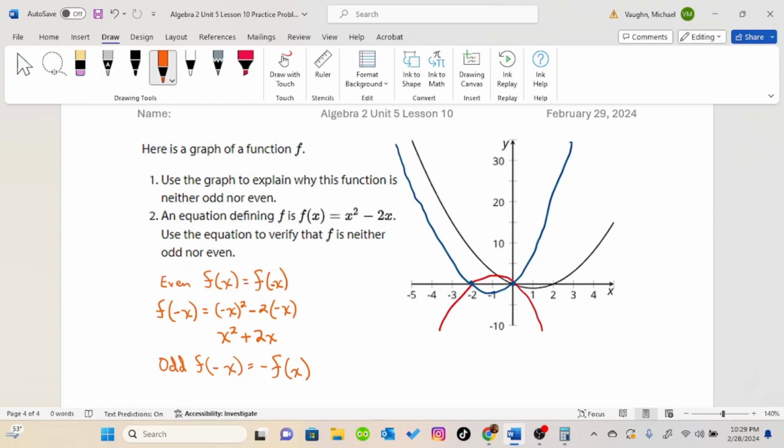But that doesn't happen either, because we still have x squared. This part is not opposite. So it's not entirely the same, so it's not even, and it's not entirely opposite, so it's not odd.